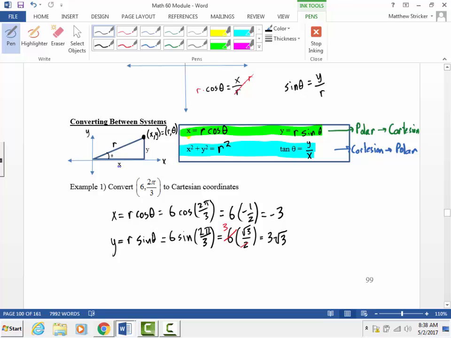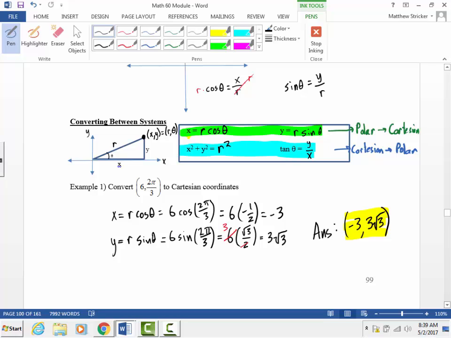So my answer, if I put it in polar coordinates, the x is negative 3, and the y is 3 root 3. Anybody have any questions? Good?